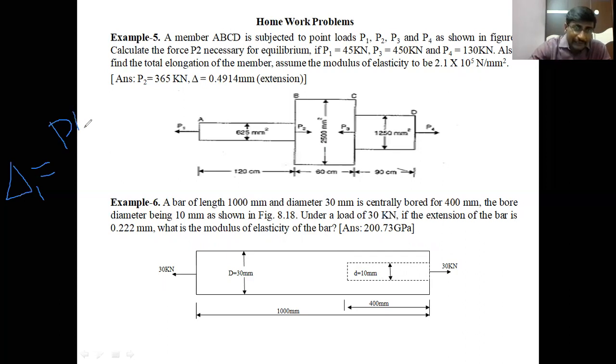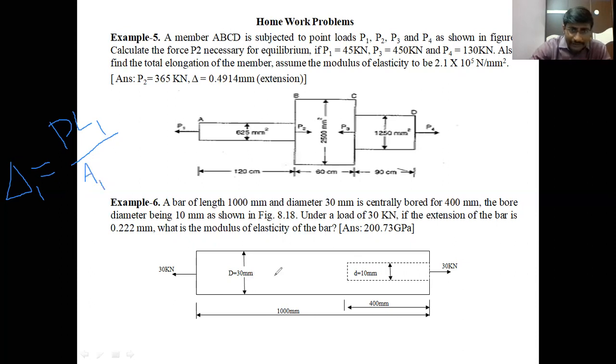Then the length of the first part is L1, which is the total length 1000 mm minus 400 mm, so 600 mm, divided by AE, the area of the first part.